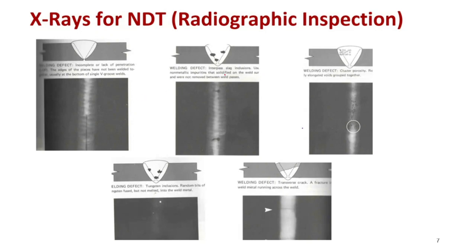Then here we see interpass slag inclusions. Here the weld is perfect without any problem, but there is a problem with the X-ray penetration. Here there are some defects, and they are clearly visible in the X-rays.